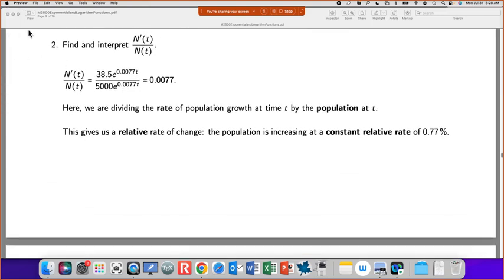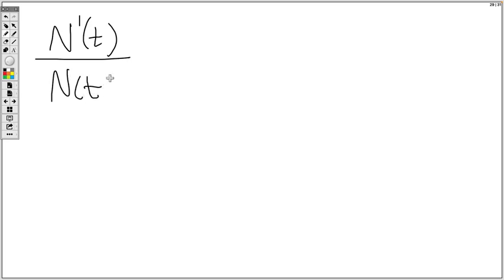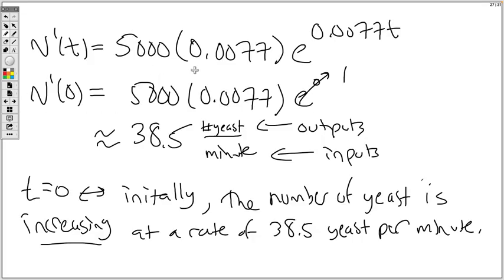Now, number 2 really gets at what characterizes these exponential functions and why they're so useful out in the wild. So in number 2, it asks us to find and interpret n prime of t over n of t. Because when we found n prime of t, it looked pretty much the same as n of t. The only thing that was different is we picked up this multiple.